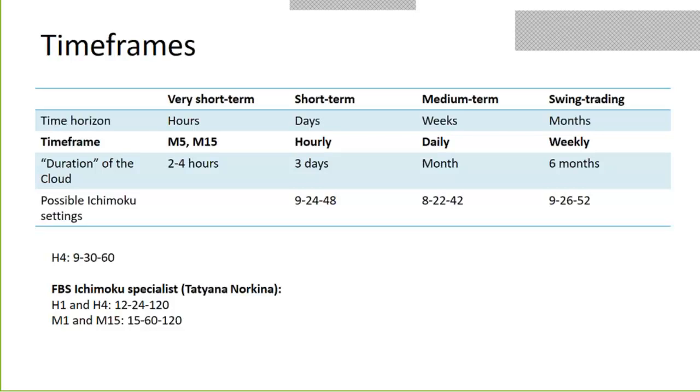What settings on the daily chart? Here you can see it is in the third column. You can either use 8, 22, 42, or you can use the classic 9, 26, 52.